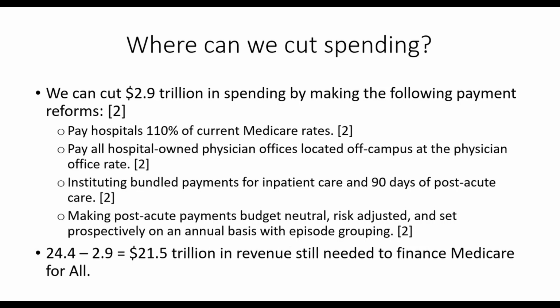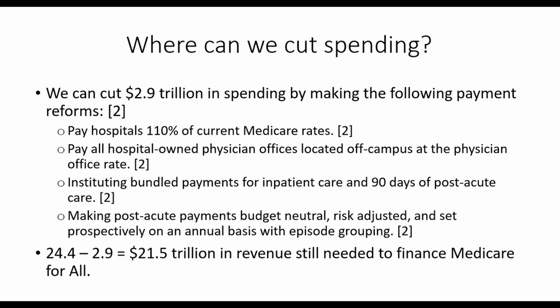We can cut $2.9 trillion in spending by making the following payment reforms. Pay hospitals 110% of current Medicare rates. Pay all hospital-owned physician offices located off campus at the physician office rate. Institute bundled payments for inpatient care and 90 days of post-acute care.